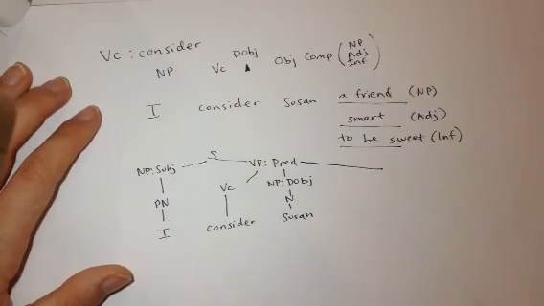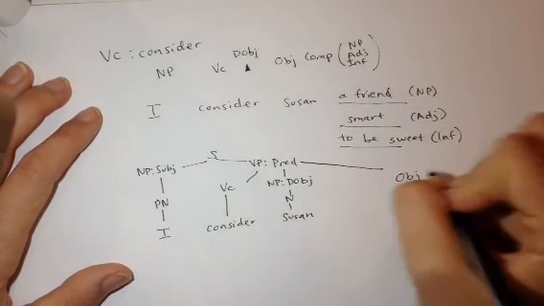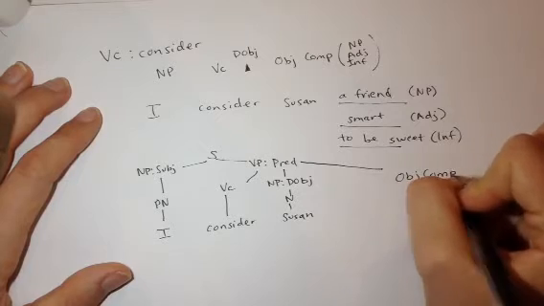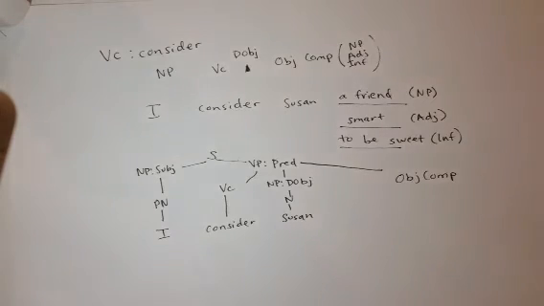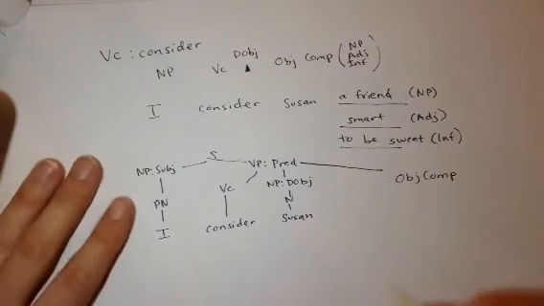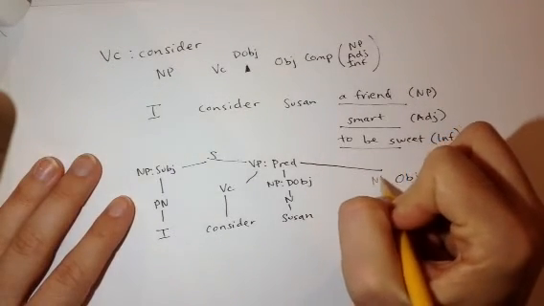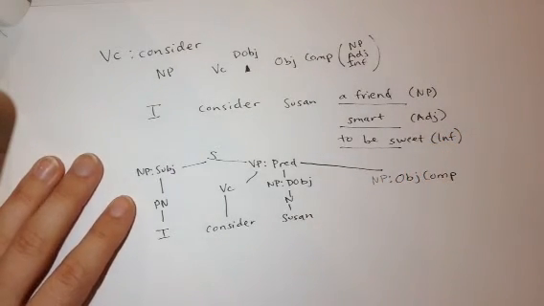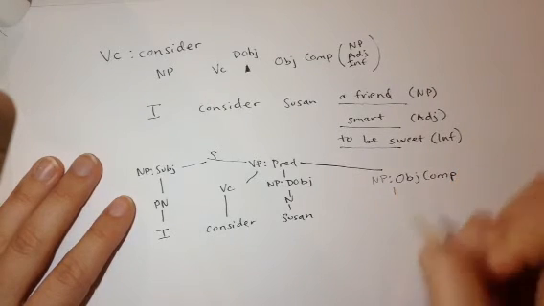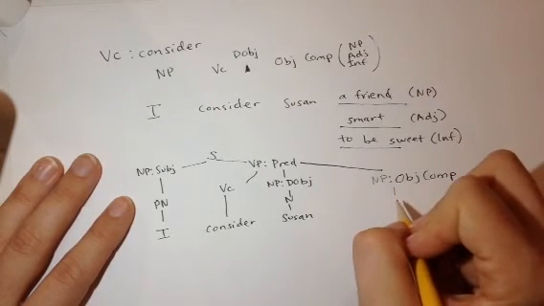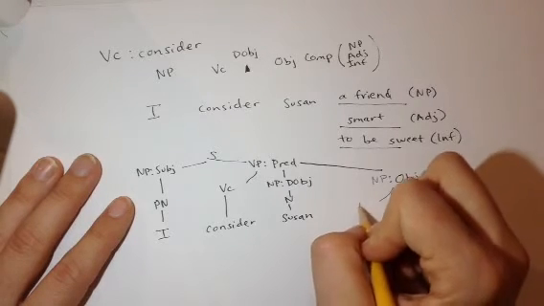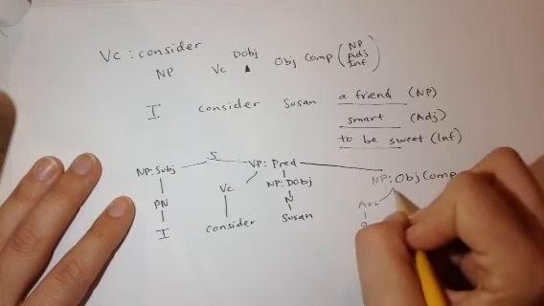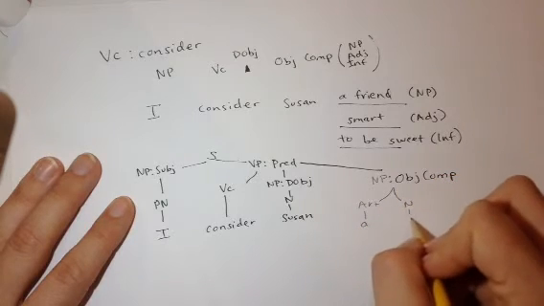You simply put one or the other in. So, if I put a noun or an adjective here, if I put a noun, I could say noun phrase, object complement, right? And then I would have my article, a, and my noun, friend.